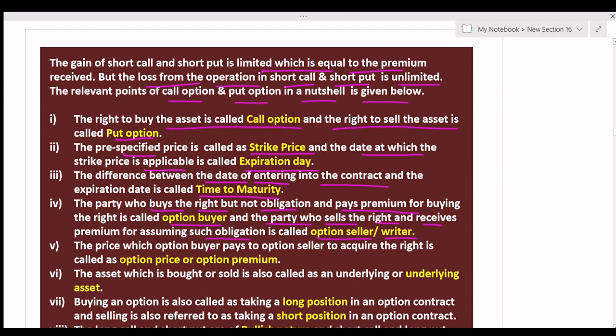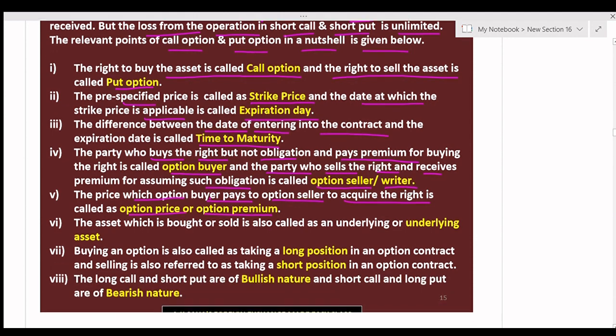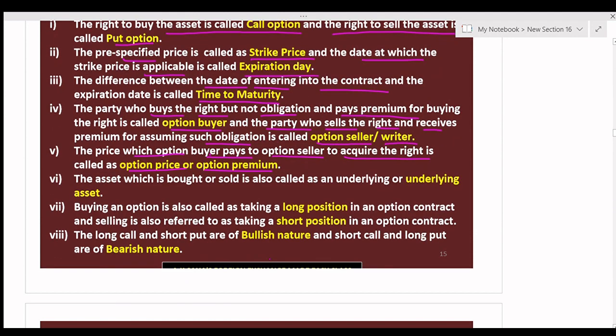The price which the option buyer pays to the option seller to acquire the right is called the option price or option premium. The asset which is bought or sold is also called an underlying asset.